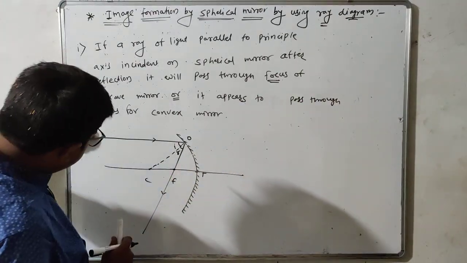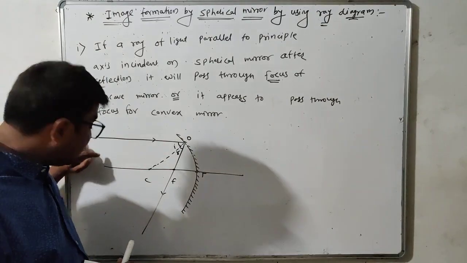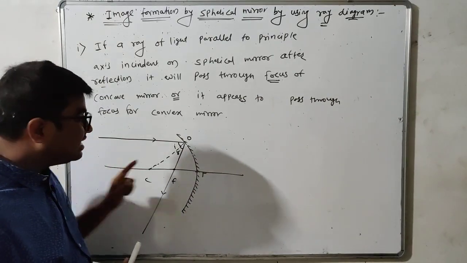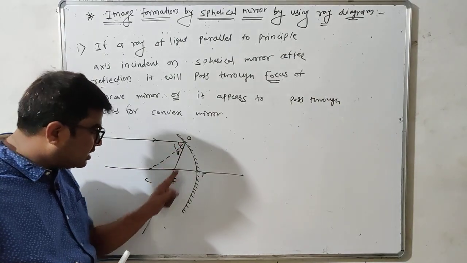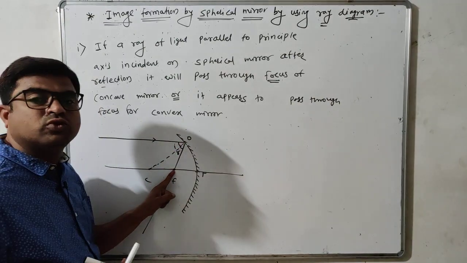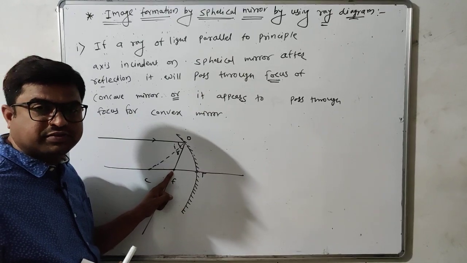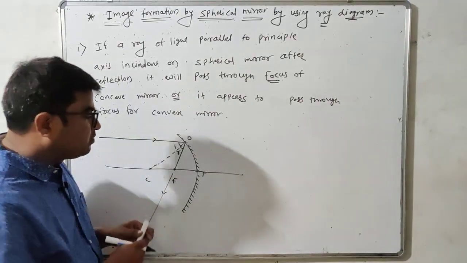That means if any ray of light which is parallel to the principal axis is incident on a concave spherical mirror, after reflection it will always pass through what? Focus. Got it?